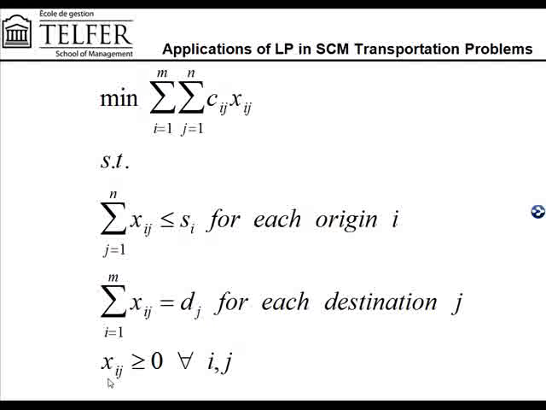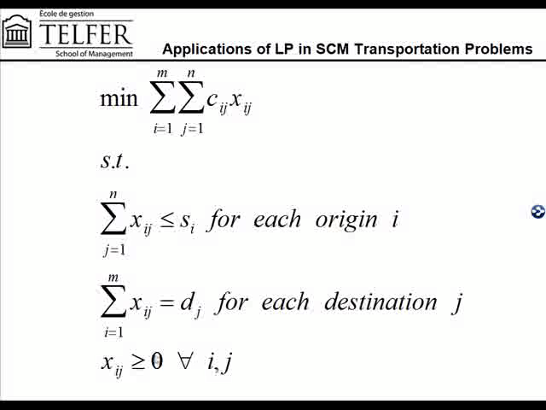Also, all of your flows, which are shown as X, are greater than or equal to 0 for all I and J. So any flows in your solution should be greater than or equal to 0. That is the non-negativity constraint that I spoke of before. So that is your formulation for a general transportation problem.